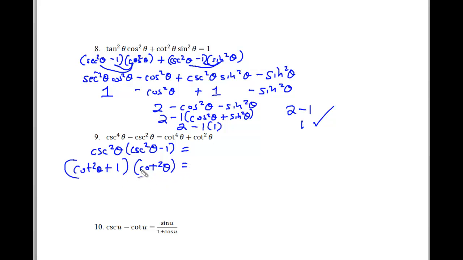And what that means is that I'm going to then distribute my cotangent squared theta to this binomial like so, and I'm going to have cotangent to the 4th theta plus cotangent squared theta, and that's what is equal to this side right here. So yes, we've established our identity, and it just was a matter of turning cosecant into a cotangent equivalent expression and distributing that back.